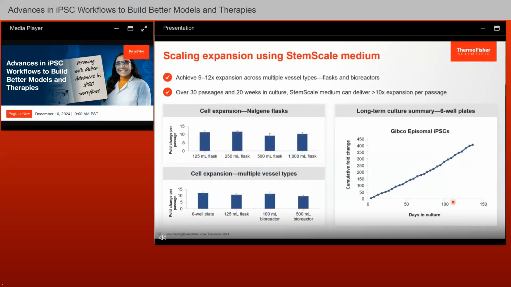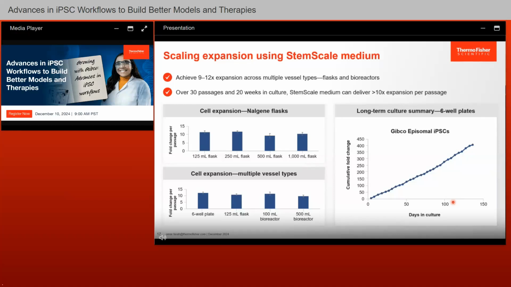Now, another really important design element of the media system was scalability. Again, this is especially important for these translational and clinical applications where you need to scale up your operations from smaller formats like 6-well plates, for example, to larger flasks or even bioreactors.